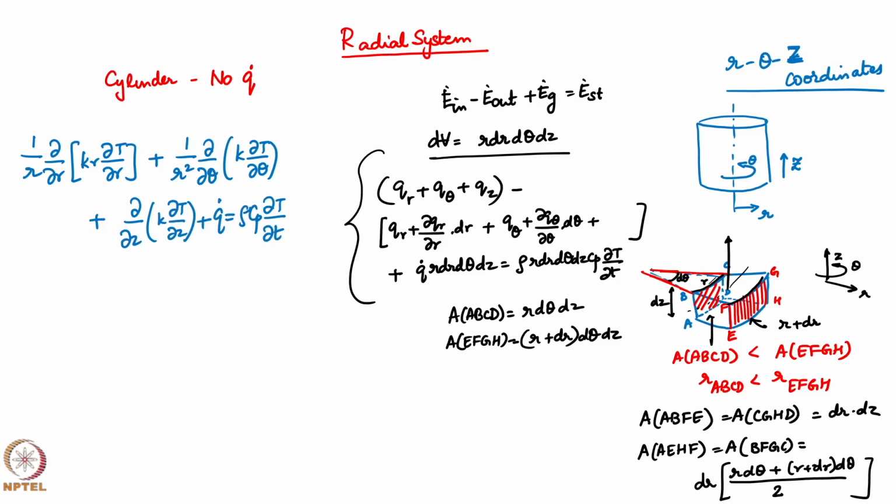This is your three dimensional unsteady heat conduction or heat diffusion equation in cylindrical coordinates, and I have shown you the procedure. Those of you who are interested can go and try to derive this.